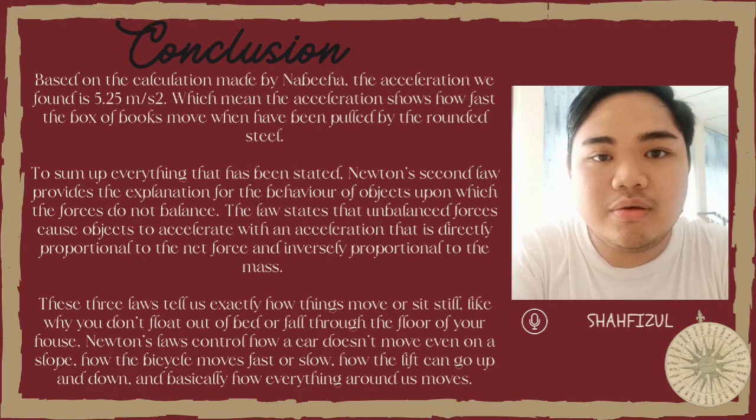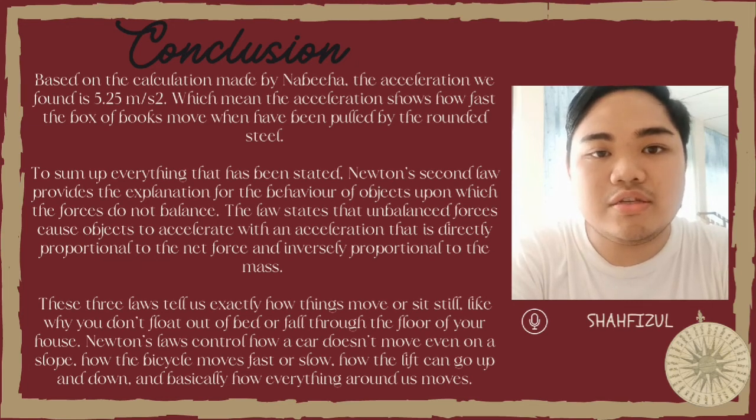For the conclusion, based on the calculation made by Nabeeha, the acceleration we found is 5.25 meters per second squared, which means the acceleration shows how fast the box of books moves when pulled by the round steel.